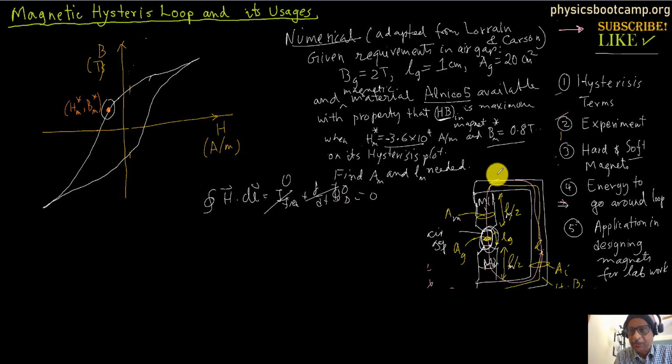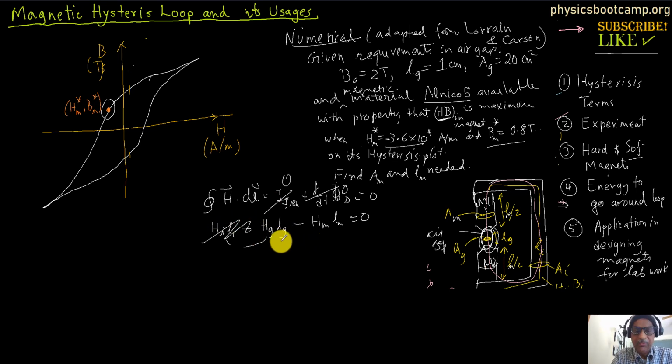Going around the loop, this gives me Hi Li, plus, in the same direction going, Hg Lg, minus this, and this is going to be negative, Hm Lm equal to 0. And this is way smaller than that, so we can just ignore it.